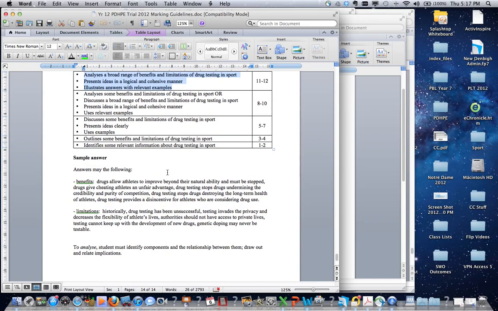Some of the areas that you could have and should have and needed to discuss were in terms of the benefits of drug testing. You may have discussed what drug testing was first of all, and why drug testing has come about to what we have in today's world. But in terms of the benefits, drugs allow athletes to improve beyond their natural ability and must be stopped.